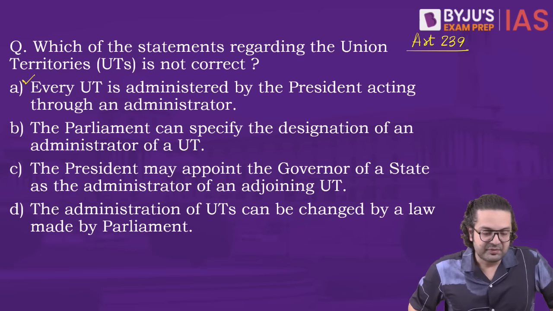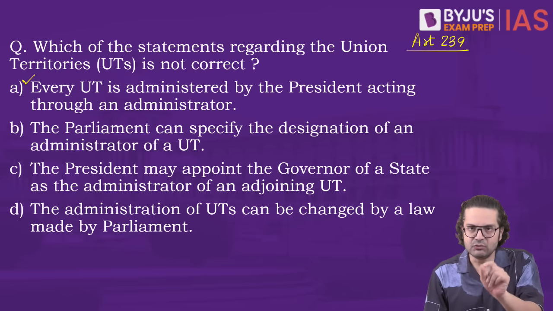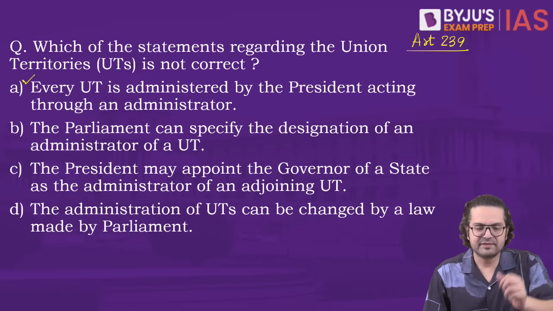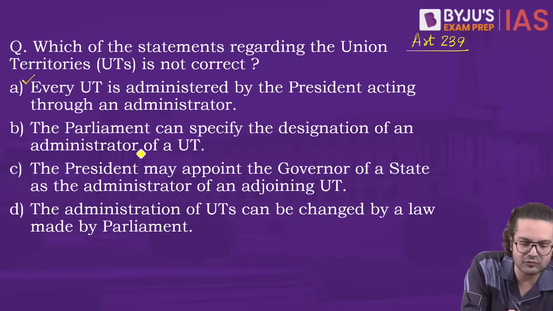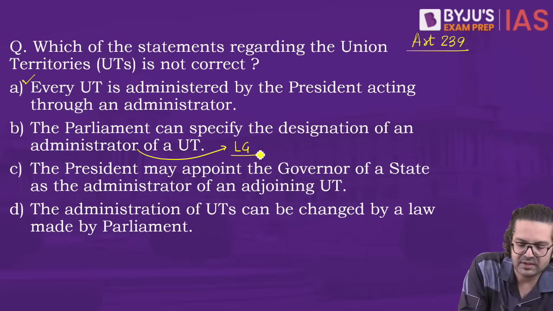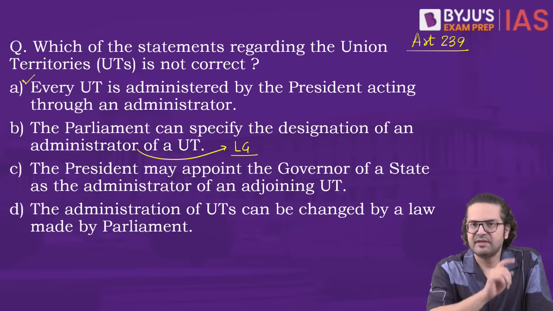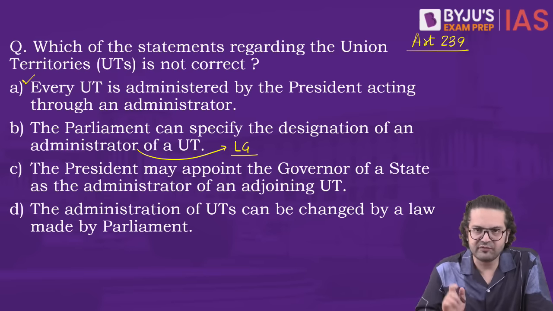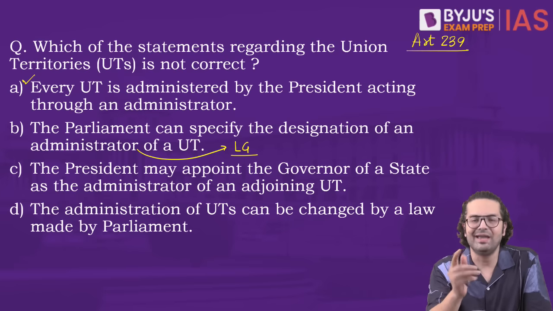The parliament can specify the designation of an administrator of a UT. So you know very well that in the UTs, the head is called the administrator. But sometimes for some UTs, they are also called a lieutenant governor, LG, like in the case of 5 UTs. In the comment section, please write the names of all those 5 UTs where the administrator is called LG.